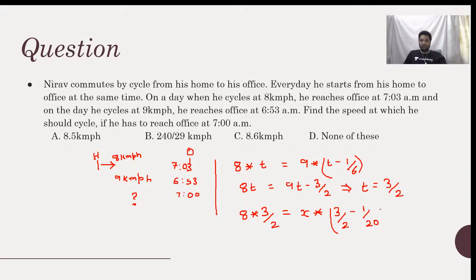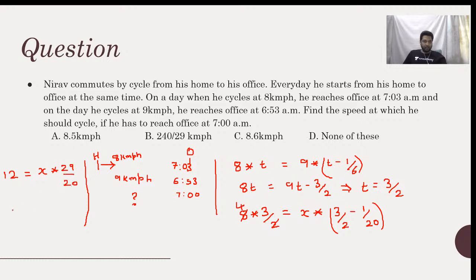Find the value of x. We just have to find the value of x over here. So if I simplify, what do I get? 2, 4 times is 8. Now, I am taking the simplification on this side. 4, 3 times is 12 is equal to x into 30 minus 1, 29 by 20.